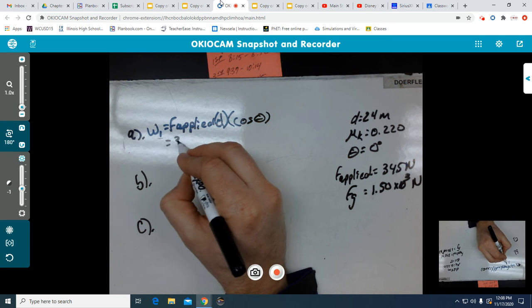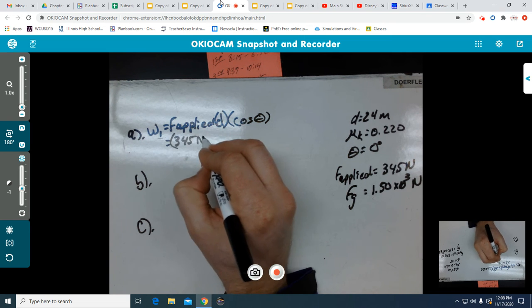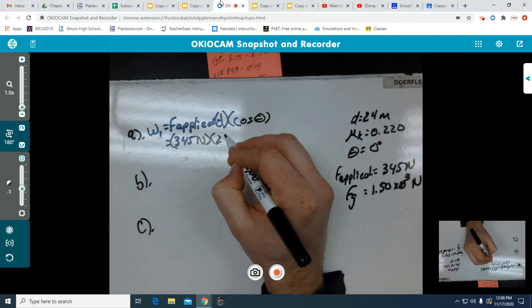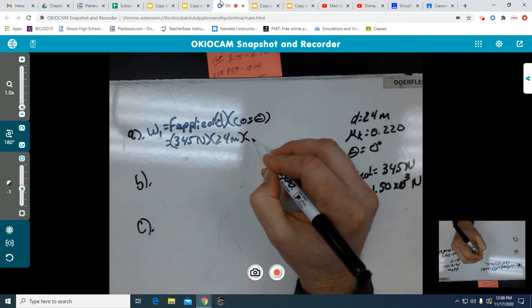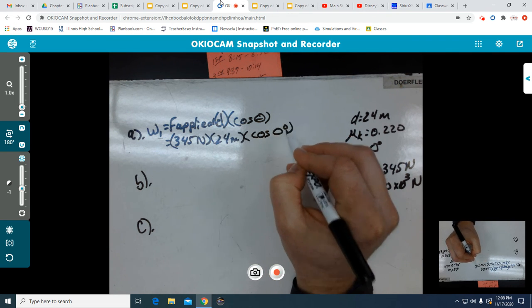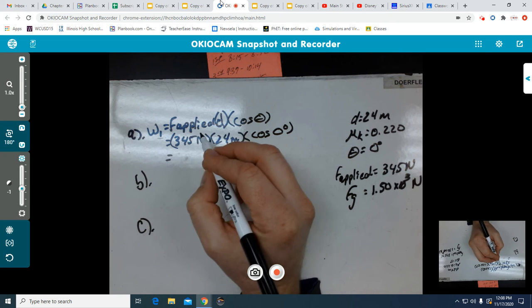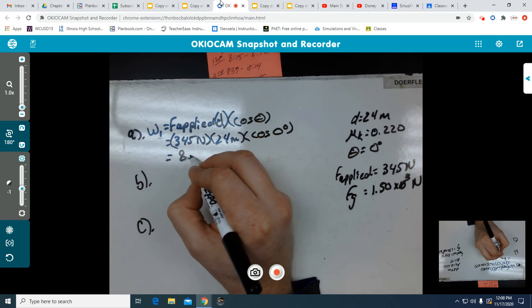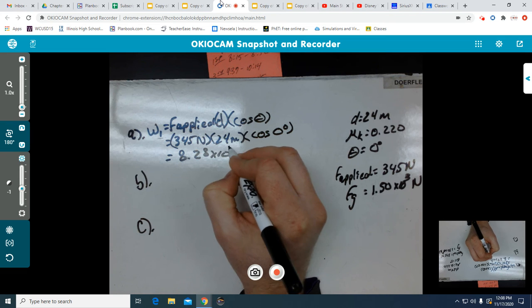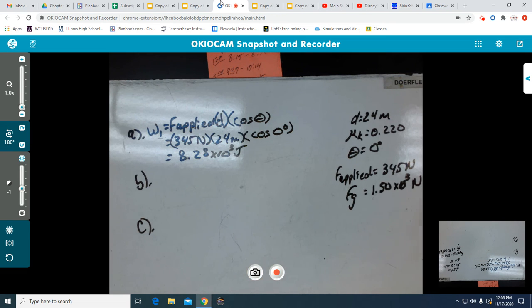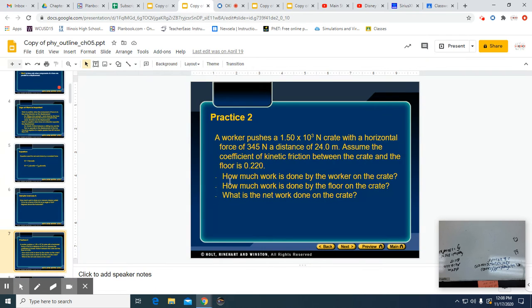So we get 345 newtons times 24 meters times cosine of 0 degrees. And for part A, we find that we have 8.28 times 10 to the third joules of work done by the worker on the crate.